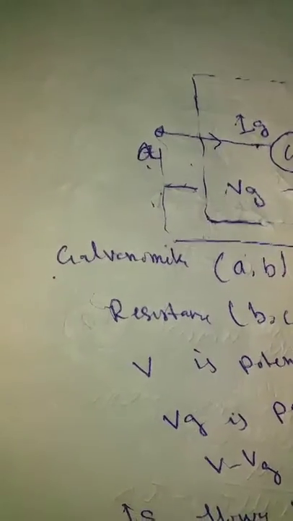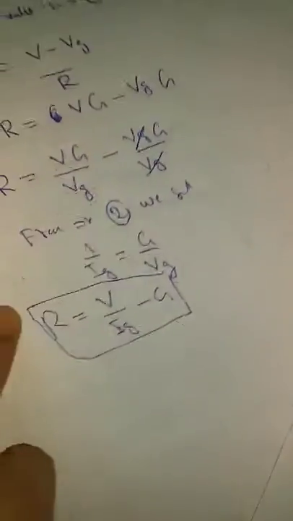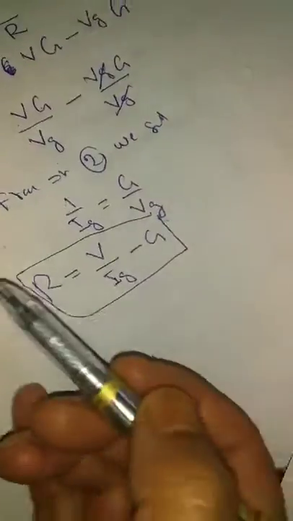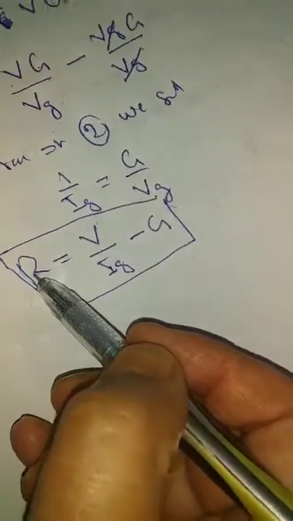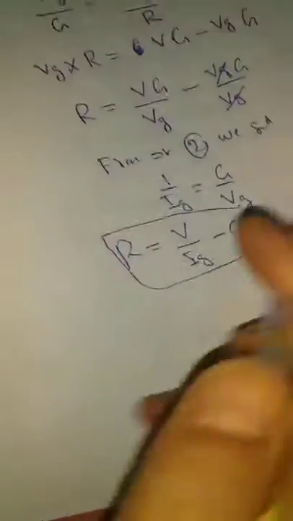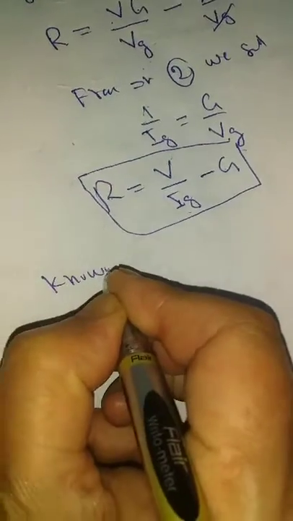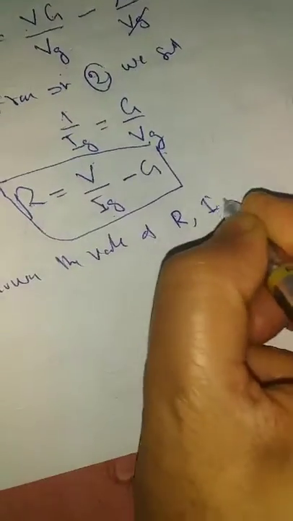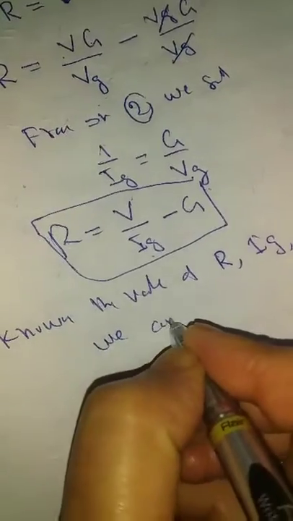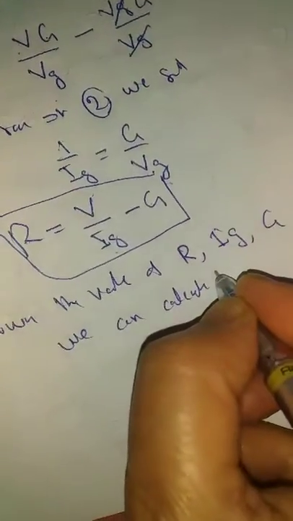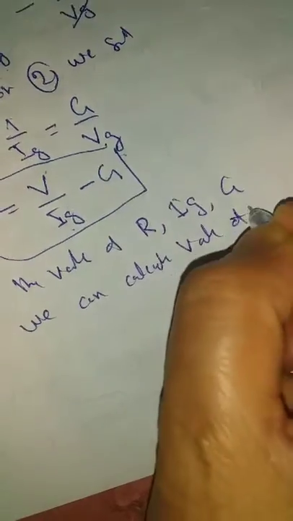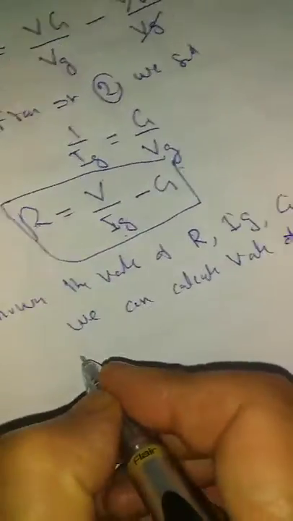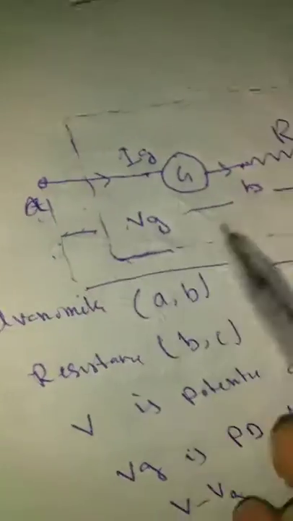That means knowing the values of R, G and Ig, we can calculate the value of V, the potential difference. V is the potential difference across the ends of the terminal.